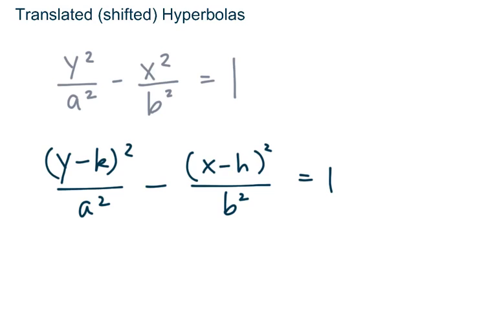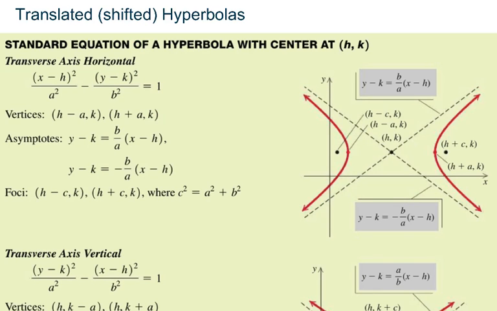So now, instead of me writing out all of the details, because we're pretty familiar with these patterns at this point, I'm going to pull in a nice picture for us. Here we have a standard equation with a hyperbola centered at (h, k). If we have a horizontal transverse axis, that means this horizontal axis is transverse. It's going across both of my hyperbolas.